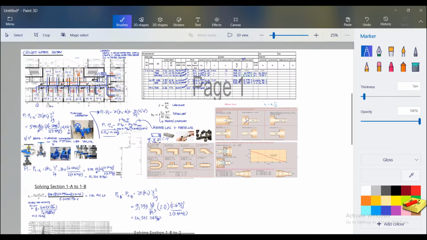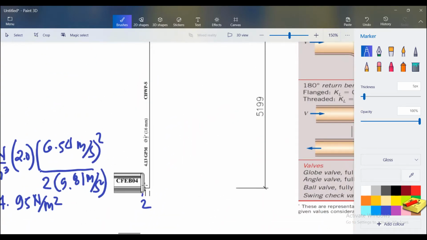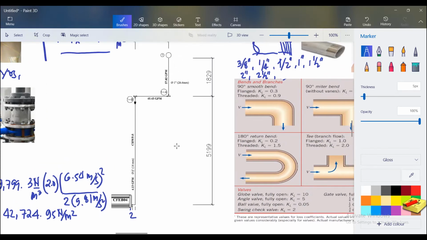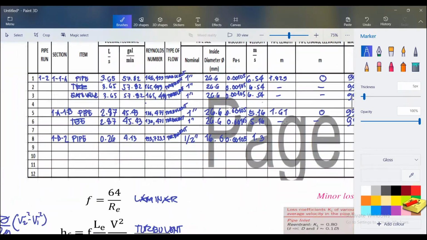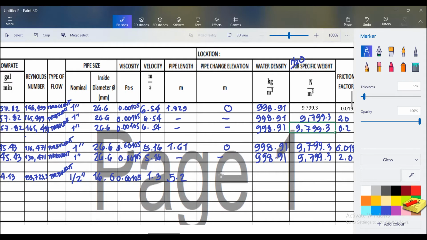So we have your pipe length starting from here going here. So we have 5 point, so we can put it 5.2. So pipe length natin is 5.2. Change in elevation is 0.